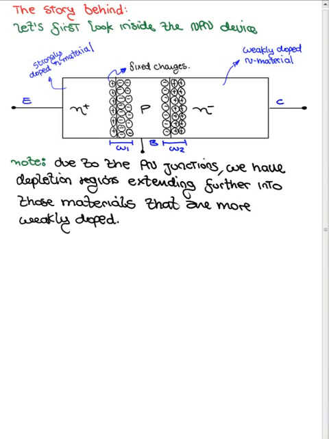But actually, to conserve charge neutrality, an equal number of dopant ions or fixed charges are uncovered on each side of the junction. What that means is that we can update our previous diagram to the following.